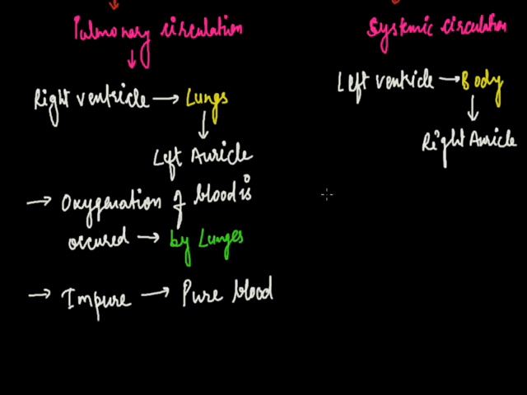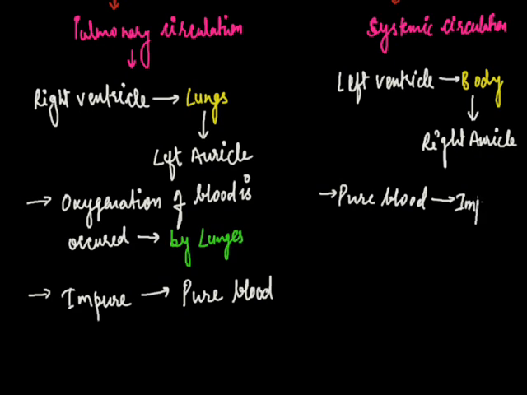In this circulation, pure blood circulates through all parts of the body and comes back. The blood is now impure blood, which is deoxygenated blood, rich in carbon dioxide.